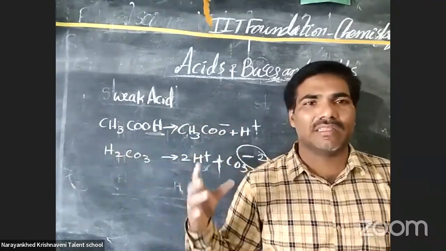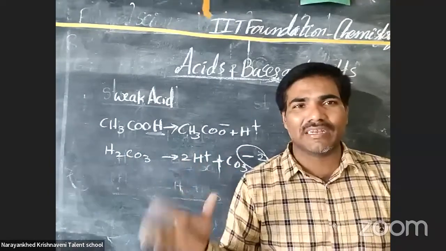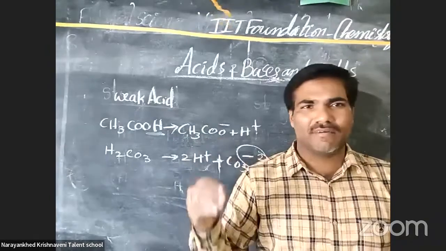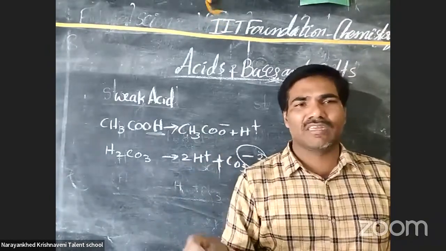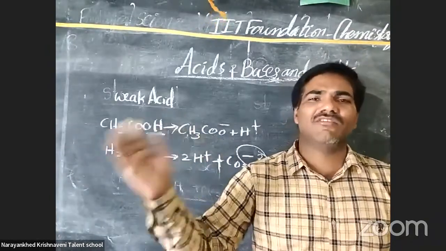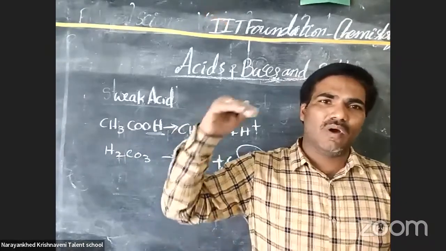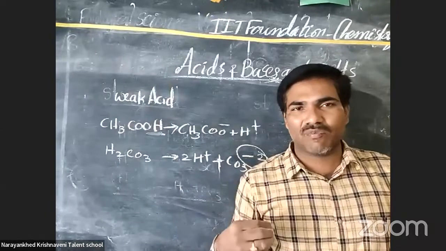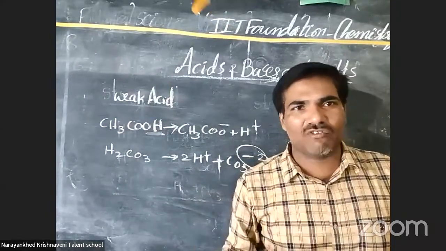That's why these gases are called inert gases. They are stable. Every atom, hydrogen, oxygen, nitrogen, everything wants to reach that stability. For this purpose only, there is either loss of electron or gain of electron.